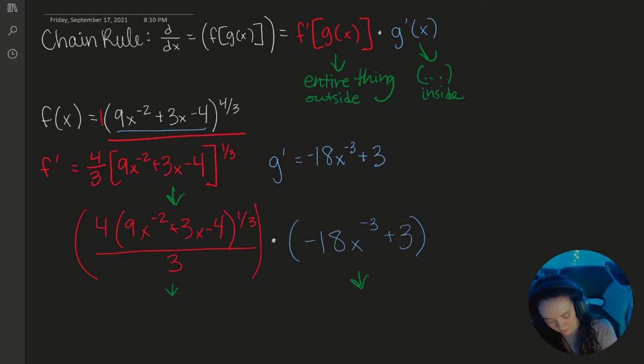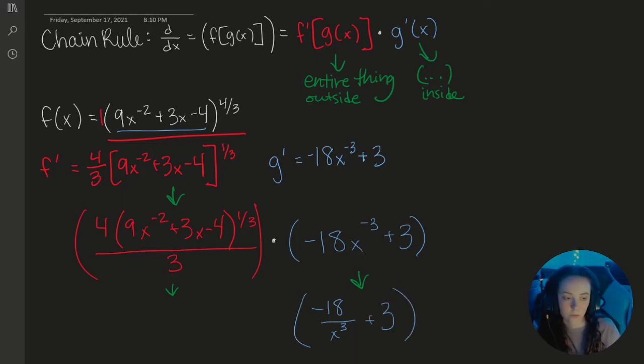Okay, so this one would be -18 over x to the third plus 3. That means the exact same thing. It just depends on how it wants you to answer the question. And this first one would be a really long, complicated nonsense. Still over 3, still with your 1/3.